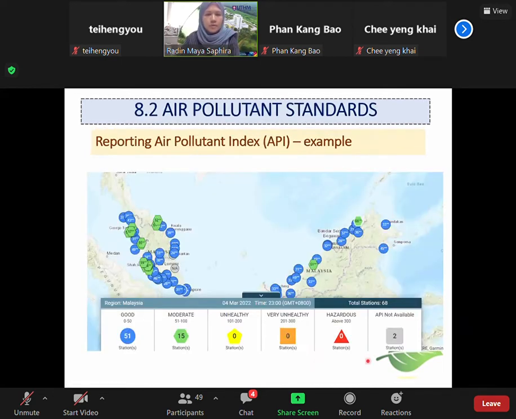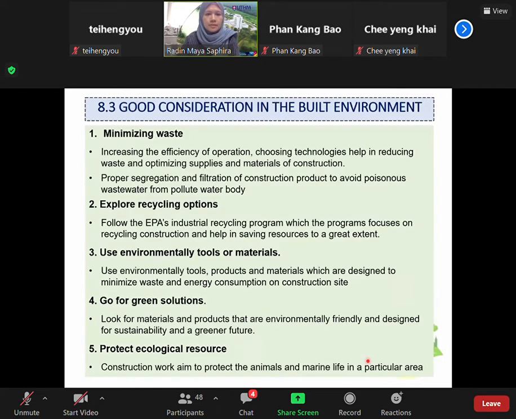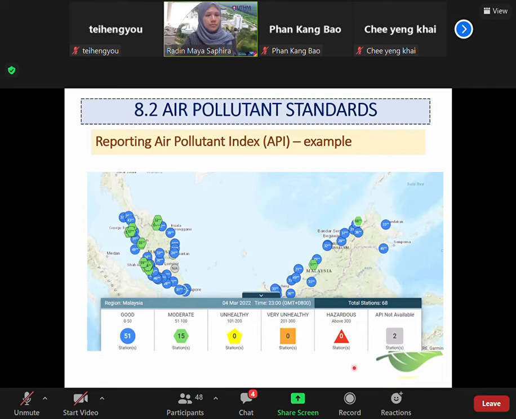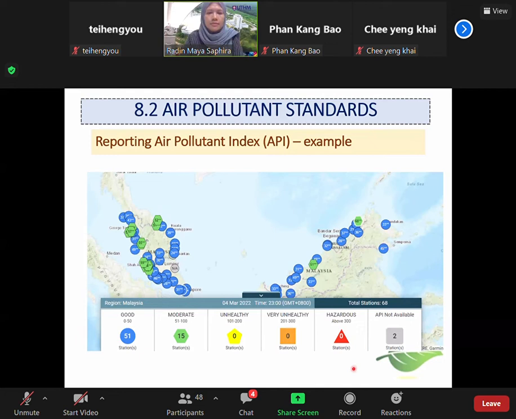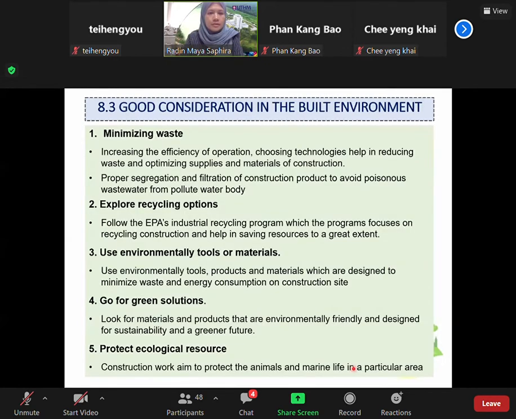Very straightforward for air pollution. That was an example, and what I showed is the real time. You can choose your location. If you are very concerned about air pollution, you can check often. I'm not sure whether you can install it as an app. This is basically for those very sensitive to air pollution from haze and so on, because of asthma.